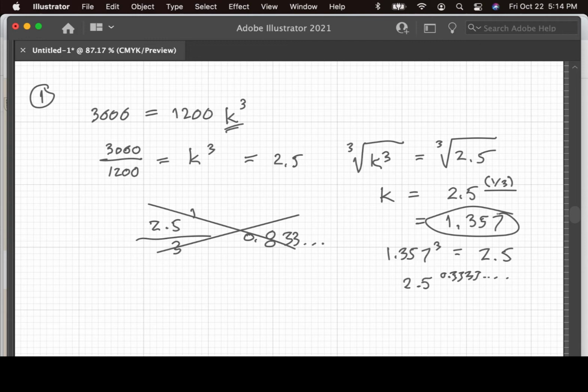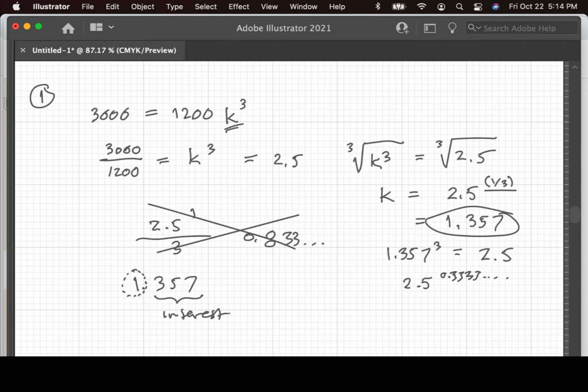But the interest rate that this represents is just in the decimal point. So the 1.357, this first part represents the principal, and this part represents the interest.